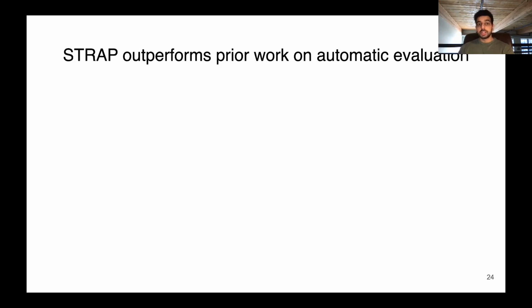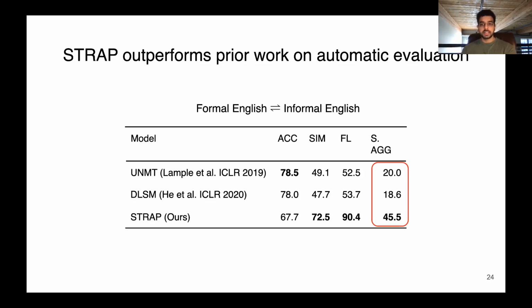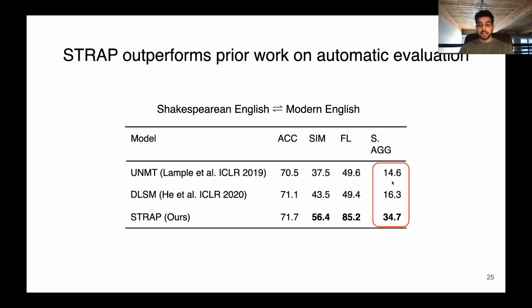And just some quick highlights from our evaluation. Our STRAP method significantly outperforms prior work on two different data sets. One is formality transfer, going from formal English to informal English. We see two existing baselines for style transfer, and the aggregate scores here are much higher for our model compared to these baselines. In the other task, we go from Shakespearean English to modern English, and we see the same kind of gap.